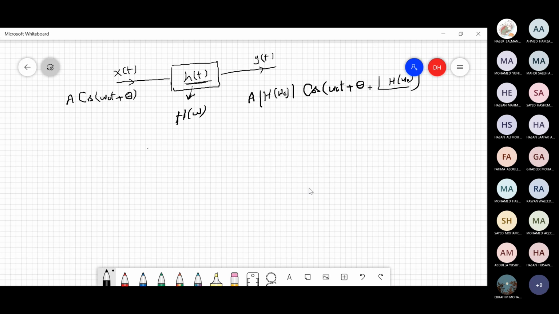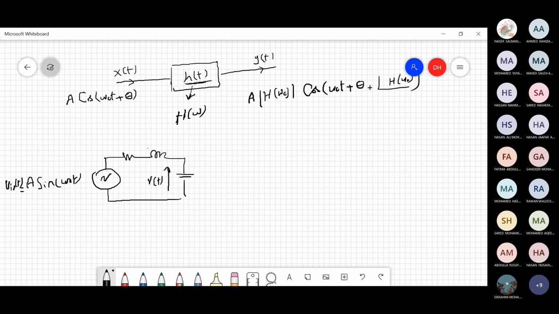So in circuit 1, for example, if we have a simple AC circuit, here the source is equal to A sine omega naught t, and we want to find the voltage V out as a function of t. And this is V in, function of t.